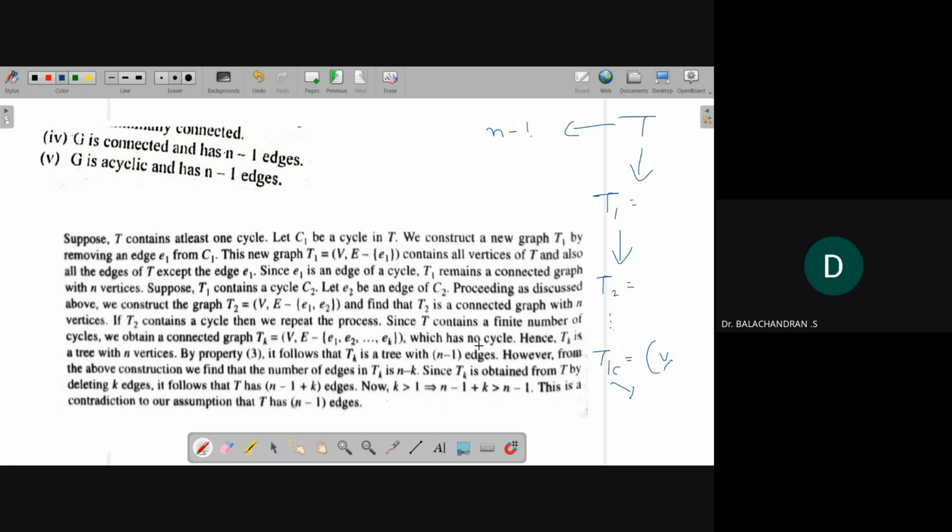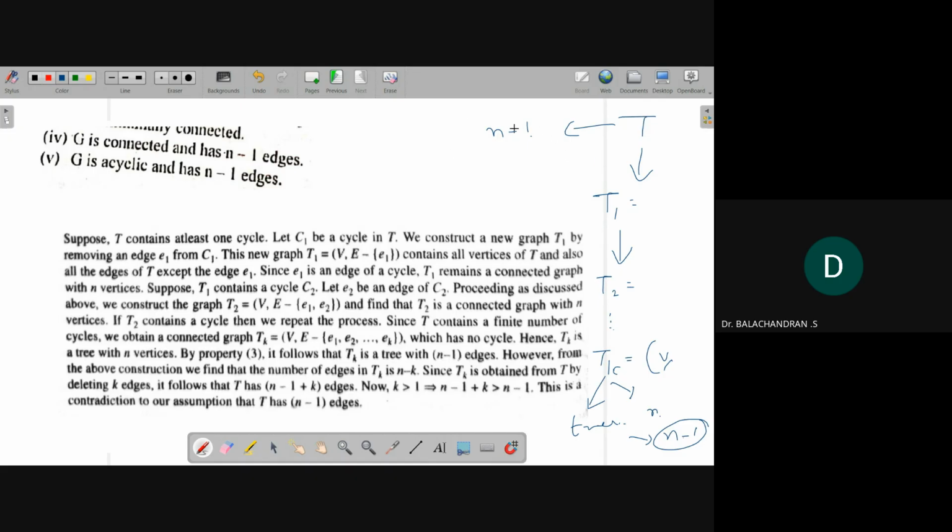So connected plus no cycle implies it's a tree. Tk is a tree. How many vertices? There is no change in the vertices, so n vertices. A tree with n vertices has how many edges? N minus 1 edges. So Tk has n minus 1 edges, which means T should have how many edges?